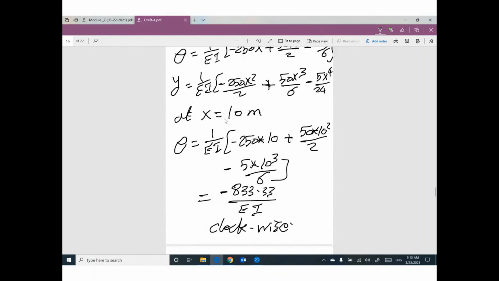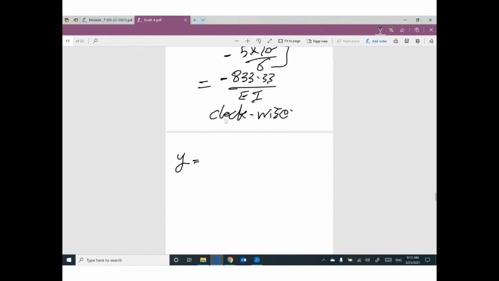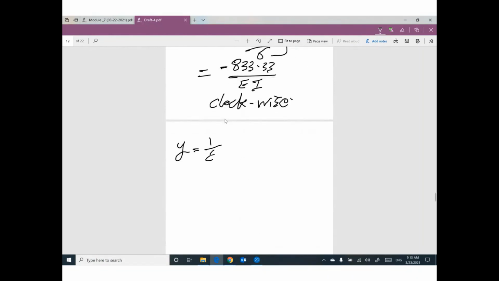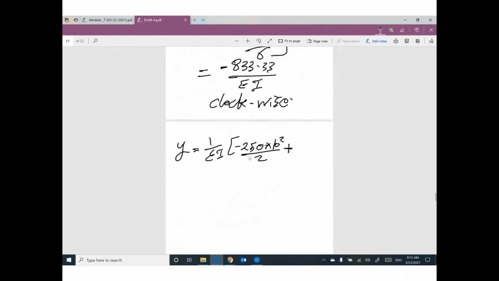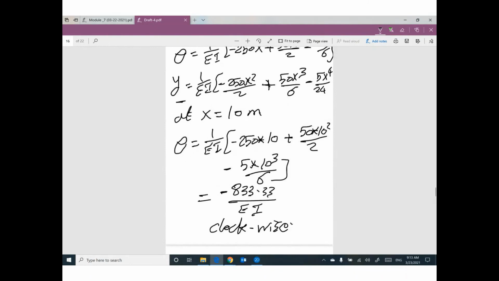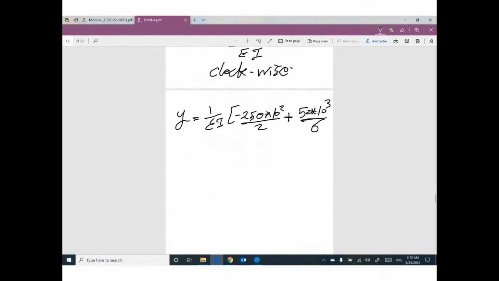I will use the equation for y. 1 over EI, negative 250 times 10 squared divide 2, plus 50 times 10 to power 3 divide 6, minus 5 times 10 to power 4 divide 24.